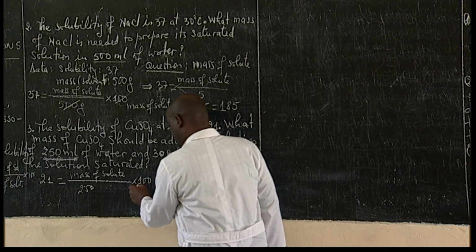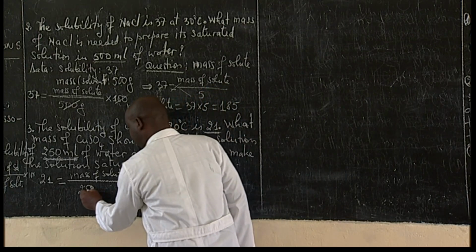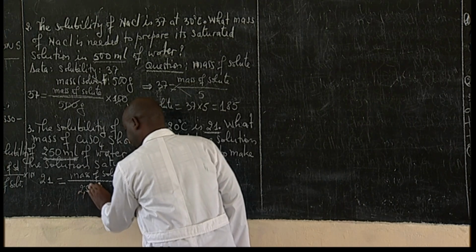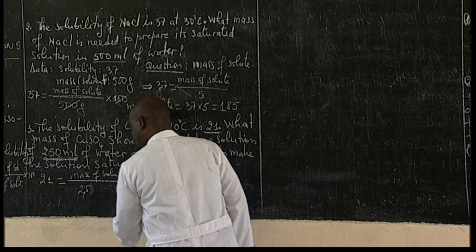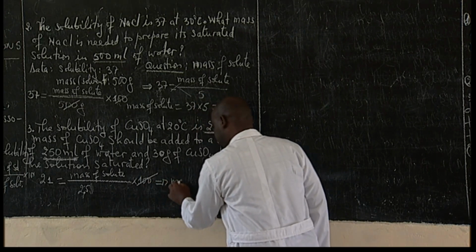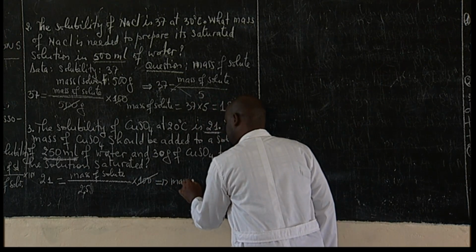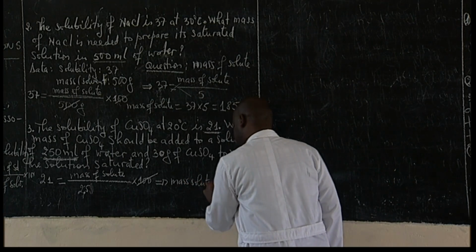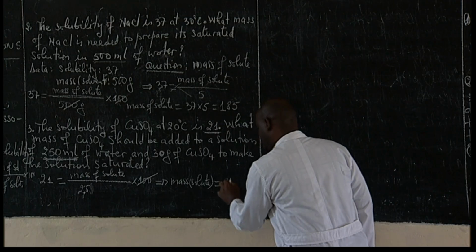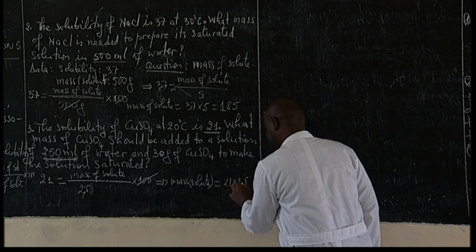As we said, here we have 100, here we have 250, it becomes 2.5 if we simplify, and then the mass of solute to make a saturated solution will be 21 times 2.5.